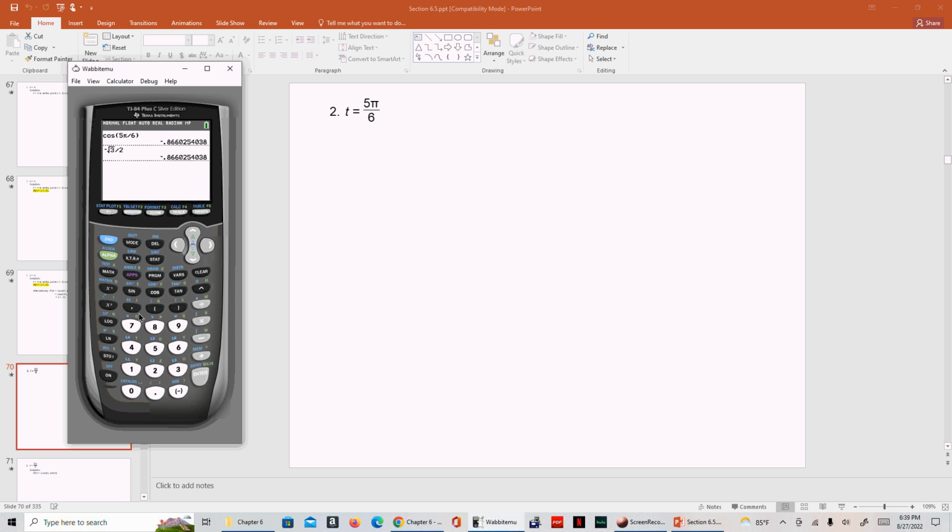And the y is the sine. Sine 5 pi divided by 6. Remember, I have my calculator in radian mode. I get 0.5. So cosine 5 pi over 6, sine 5 pi over 6.